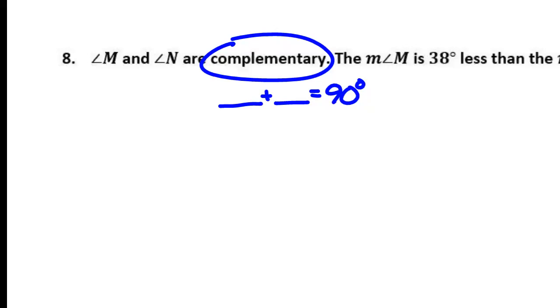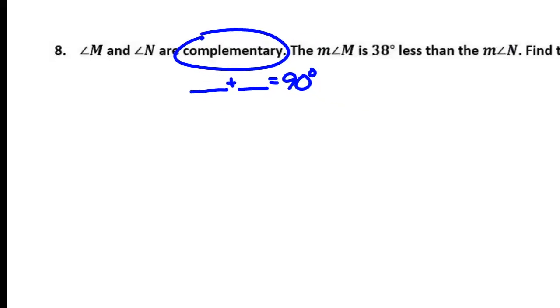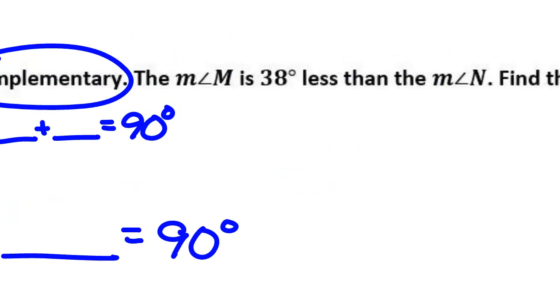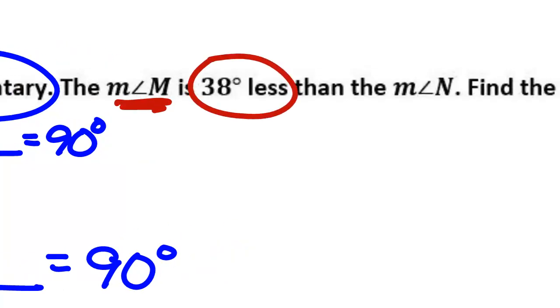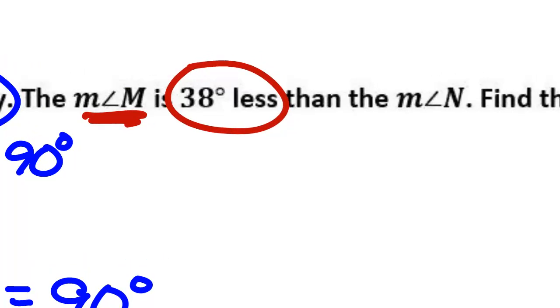All right, so complementary, 2 things add together to be 90 degrees. So I know I have to have these 2 pieces. So I'm just going to start setting up my problem like this. It says angle M is 38 less. So 38 less means I'm going to minus 38.